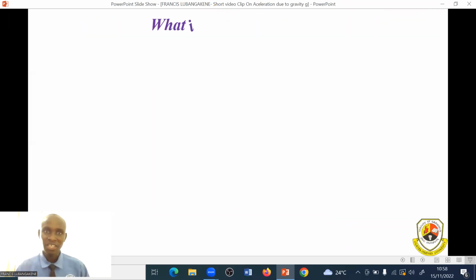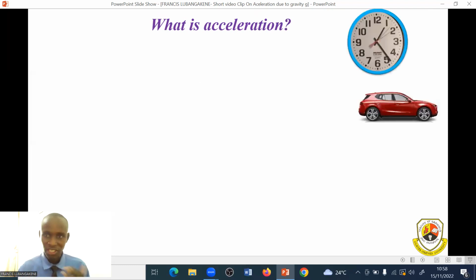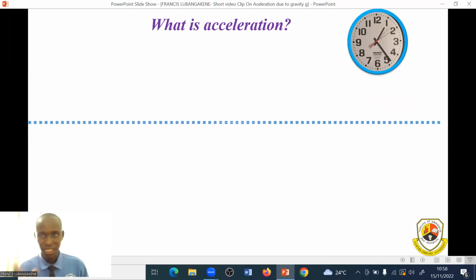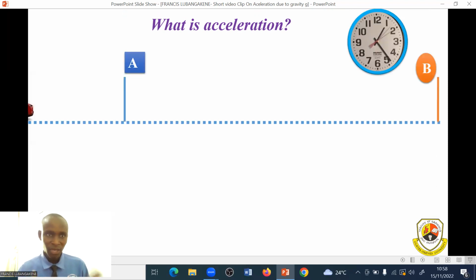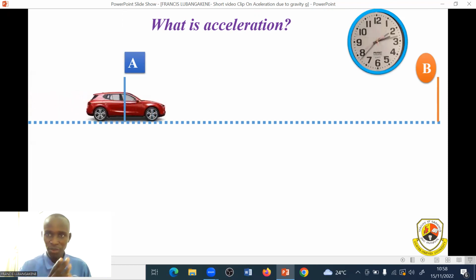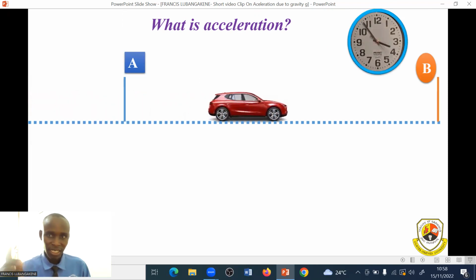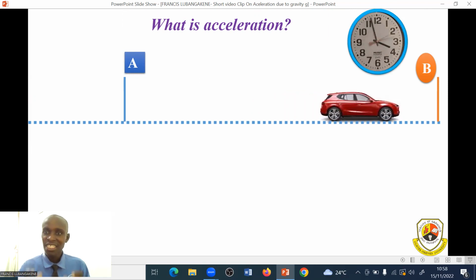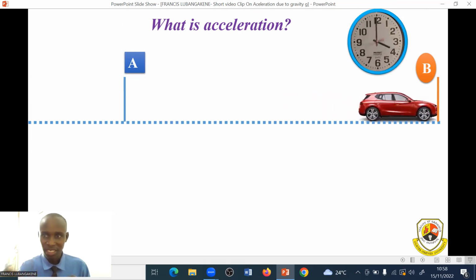Friends, if you think of acceleration, what could acceleration be? Imagine a car moving from a certain point A, and we start our timing from point A going to point B as the clock reads. The variation in the time taken for the car to move from point A to point B gives us the time that the car consumes on the way.